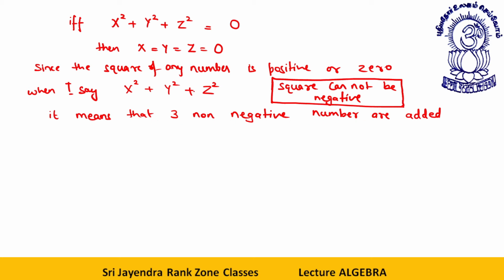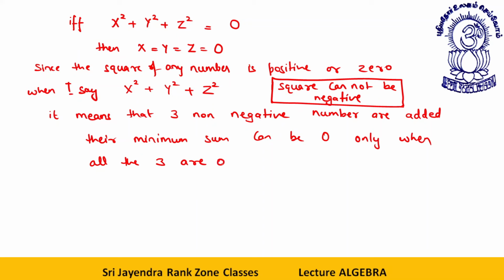If I do x square plus y square plus z square, their minimum sum can be zero only when all three are zero.